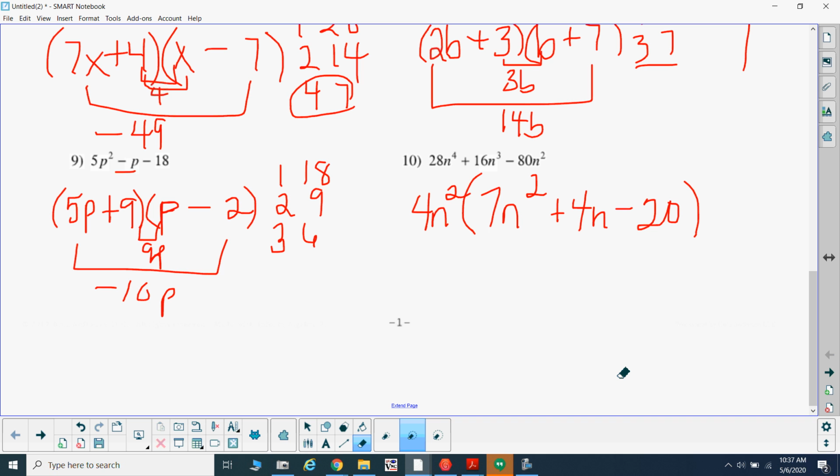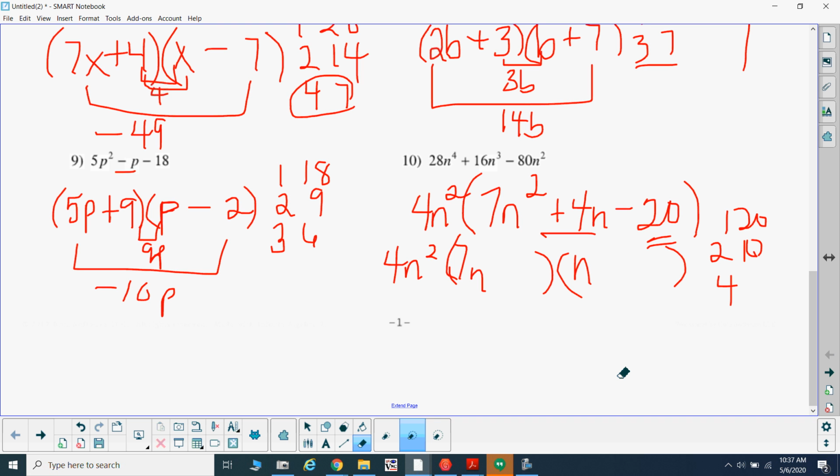And now I'll bring down that 4n squared. I've got to see if I can break this into 2 factors. The first one's going to be 7n and n. I want it to be a difference of 4 again. Now I'm just factoring 20, so 1 and 20, 2 and 10, 4 and 5. All right, so a difference of 4.